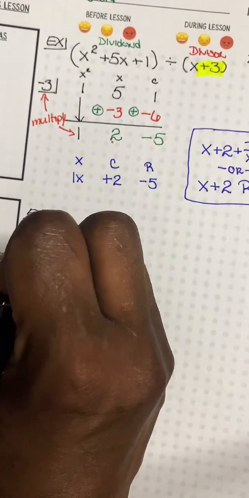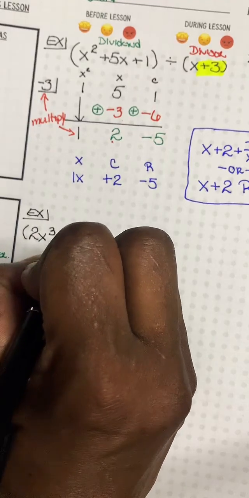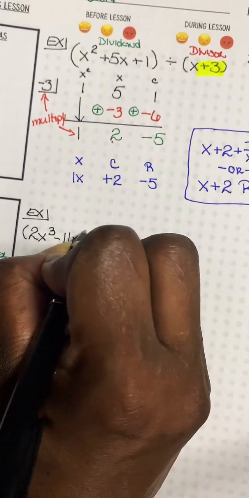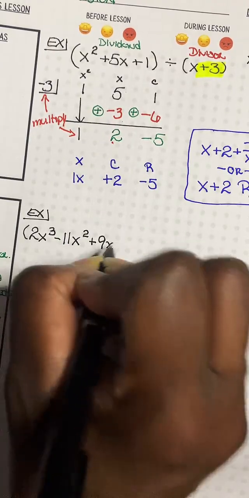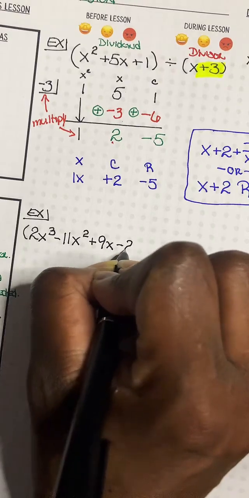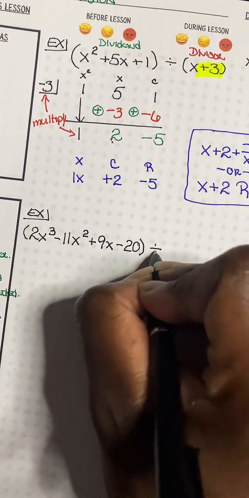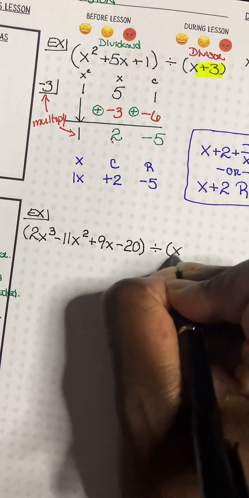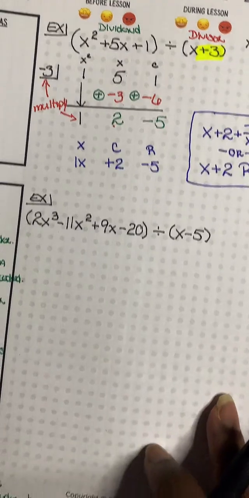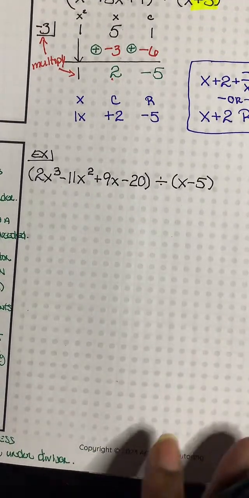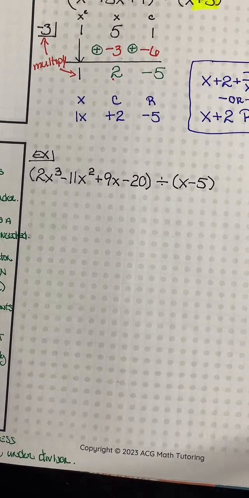So we have our 2x cubed minus 11x squared plus 9x minus 20, and we're dividing it by x minus 5.